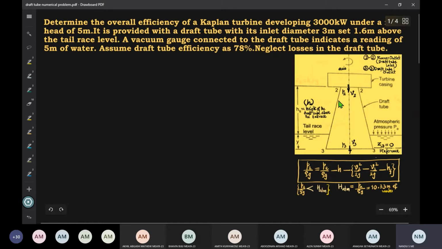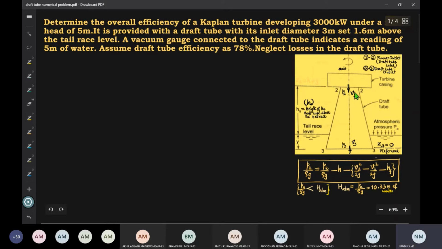See, this is a schematic diagram of the draft tube. Here we have the distance h, small letter h, that is the height of the draft tube above the tail race level. So the height of the draft tube above the tail race level is given as 1.6 meters. The draft tube inlet is section 2-2 and the draft tube outlet is section 3-3.